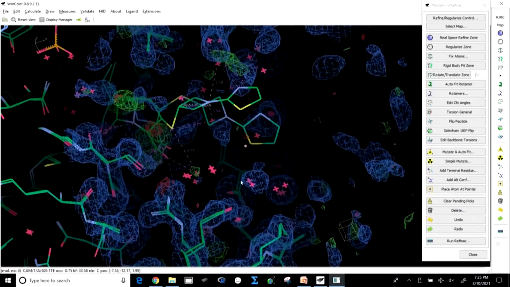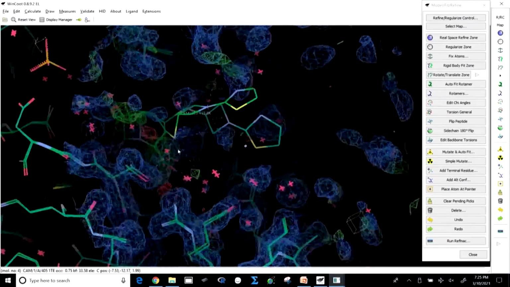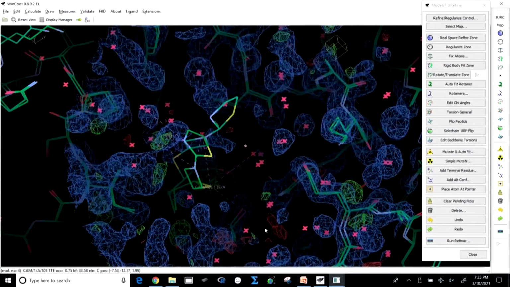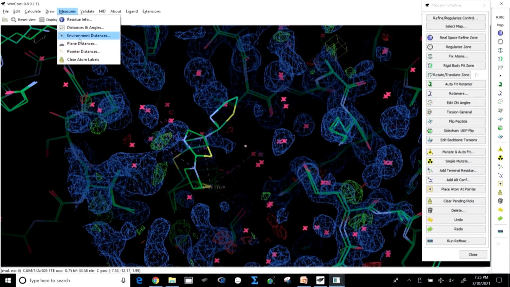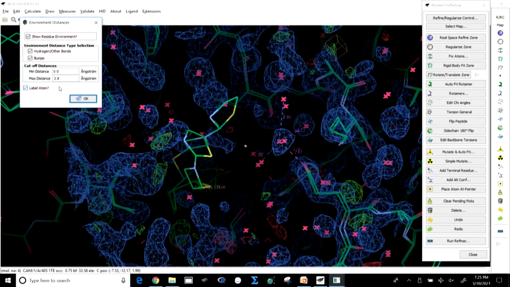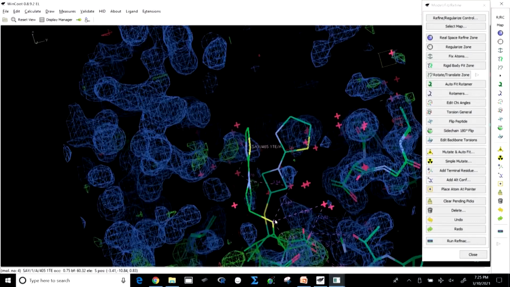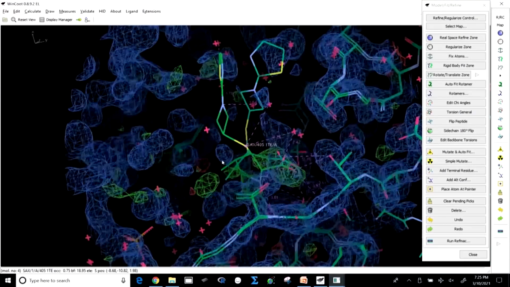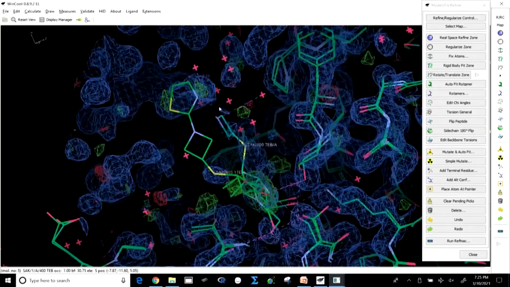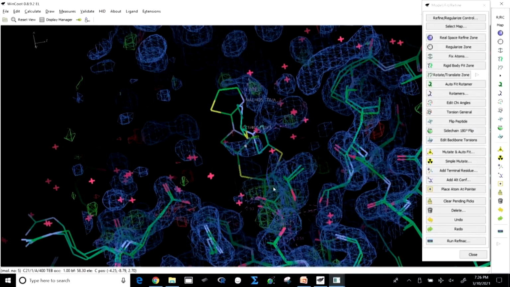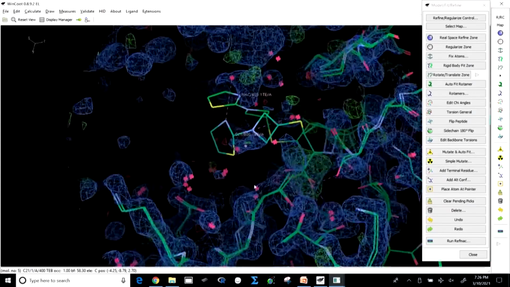As I was talking about, you will also understand that this part is not interacting with the protein, because if you go to measure environmental distance, you already have that set up. Now you come here and you clearly see that after this C2 there are very few interactions. There are few interactions with the water molecules, but in actuality they have no interaction.